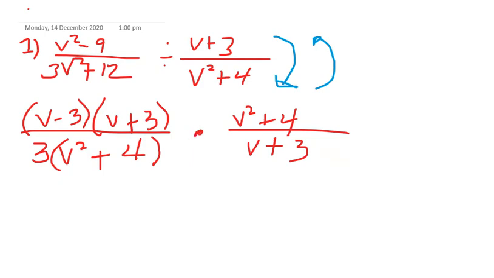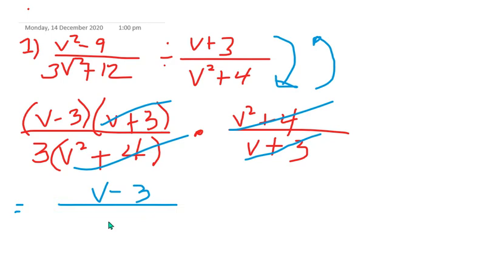Now we get the common factor between the numerator and the denominator. v squared plus 4 divided by v squared plus 4 is 1, and v plus 3 divided by v plus 3 is 1. What remains is v minus 3 over 3. The final answer is v minus 3 over 3.